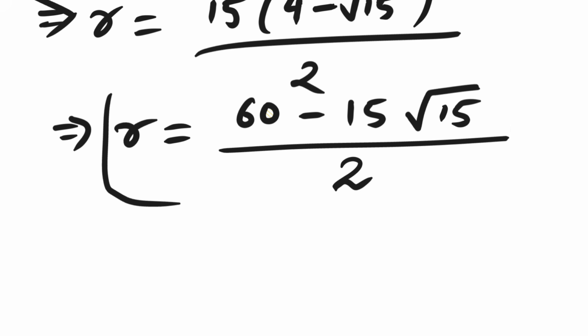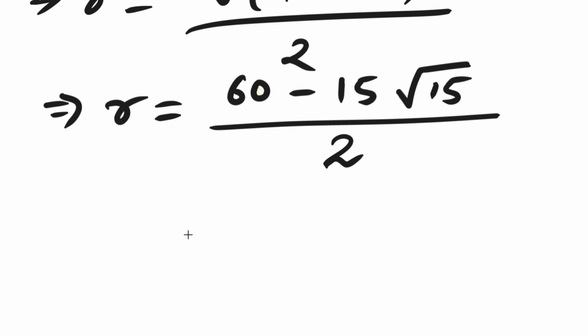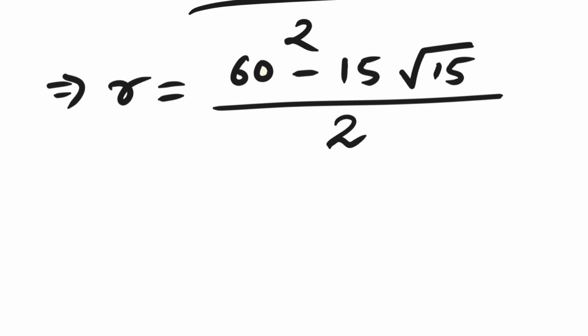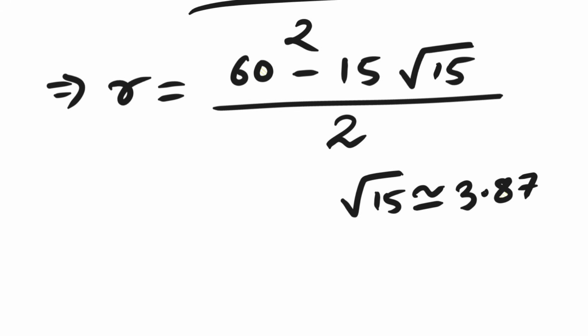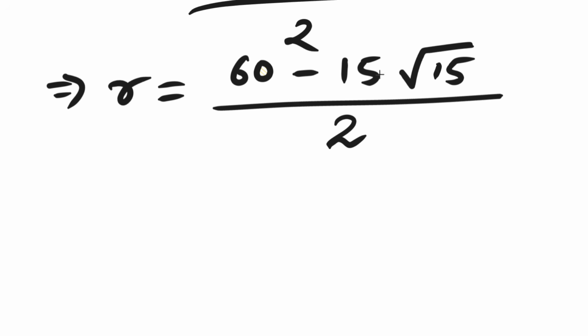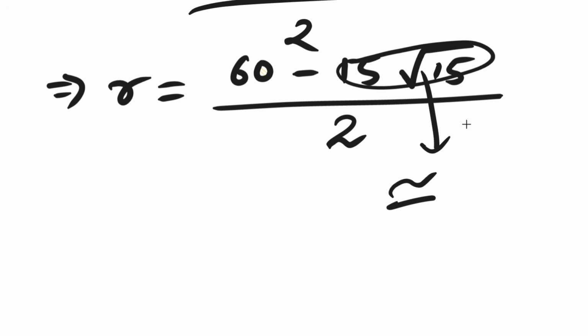Now let's check the approximate value, because this is a good habit whenever we solve a geometry problem. The square root of 15 is approximately 3.87. 15 multiplied by 3.87 is approximately 58.05, and 60 minus that is about 1.95.